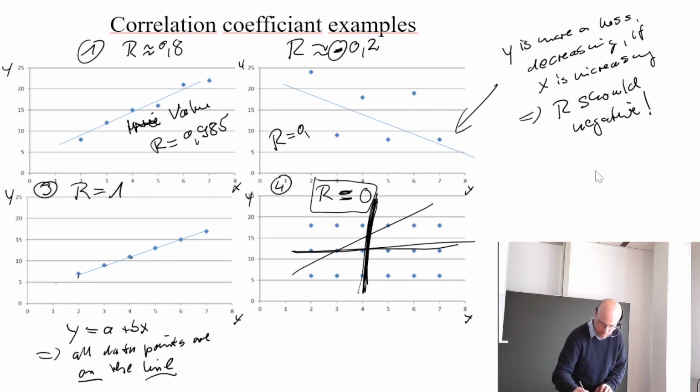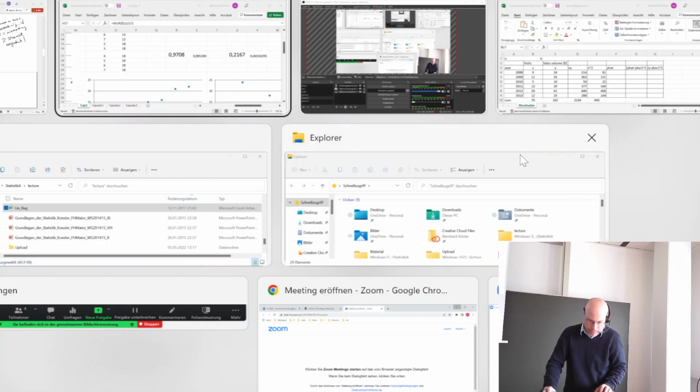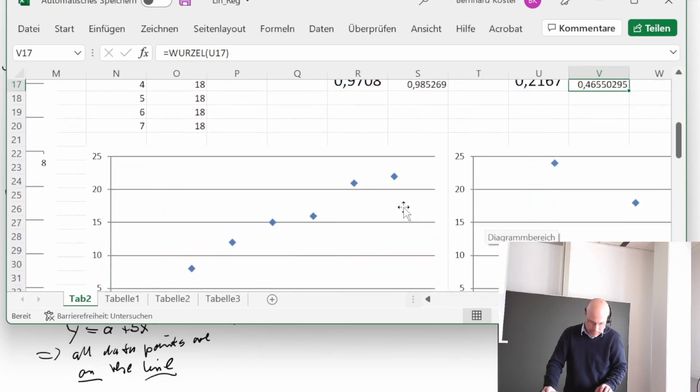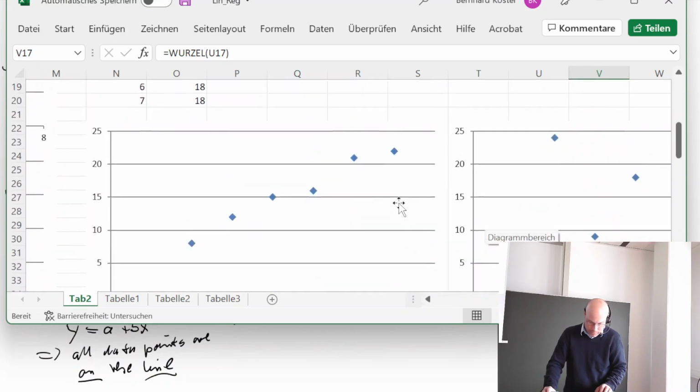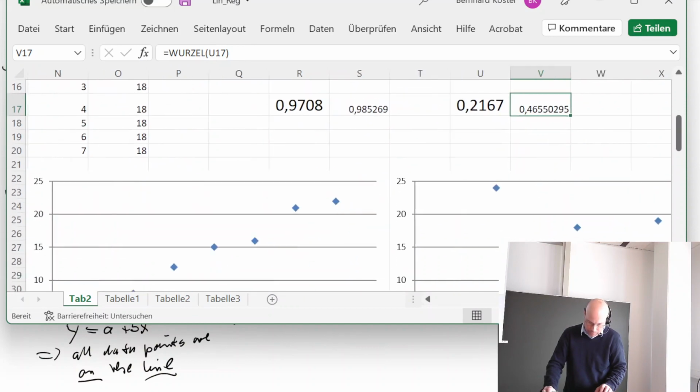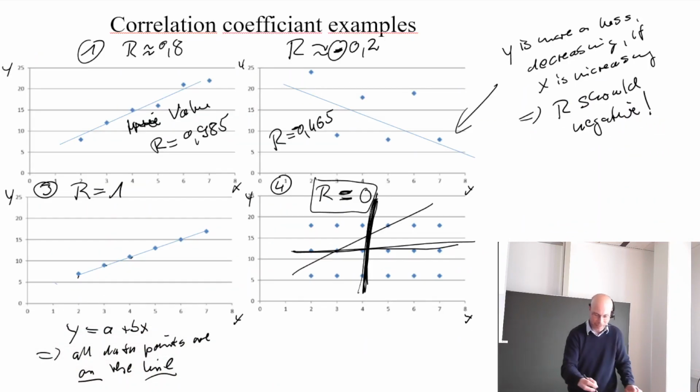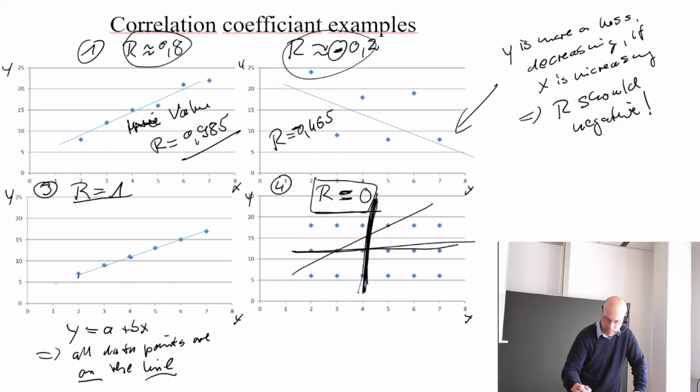R is minus 0.465, and within here are the other ones. Of course, we had R is 1 and R is 0. So also with your guess, you're maybe somewhere in the neighborhood of the true values which I created from specific data. Okay.